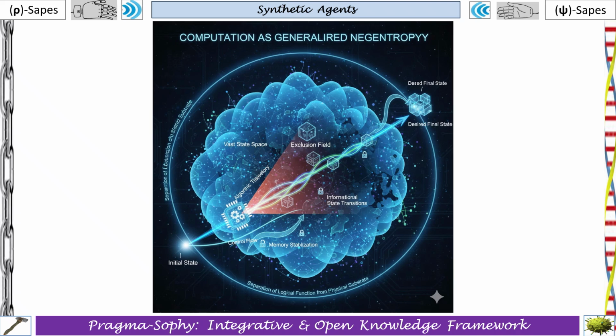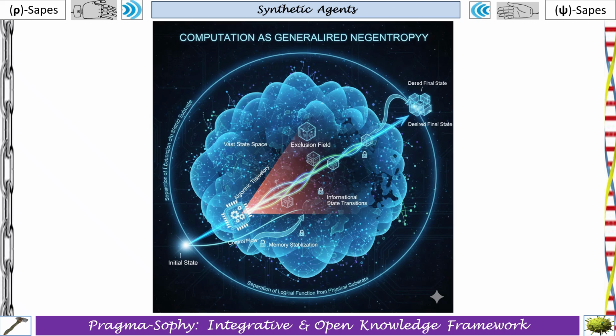Global workspace models describe consciousness as global information broadcast, a structure approximated by attention mechanisms. Active inference frames agents as minimizers of expected surprise. The figure compares these frameworks. None is decisive, all are partial.